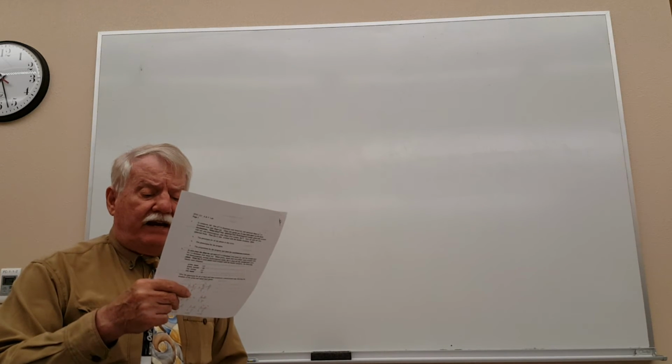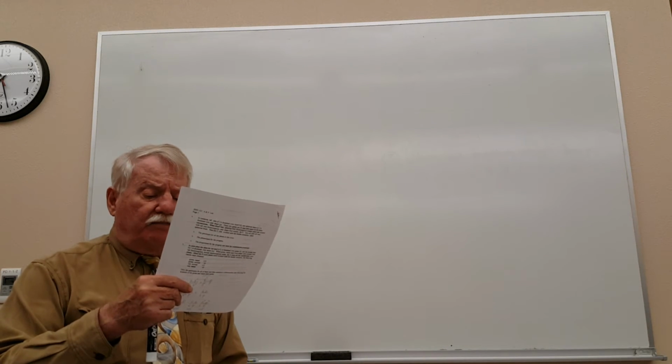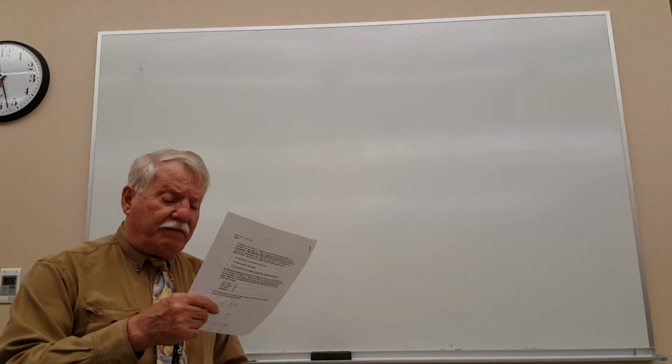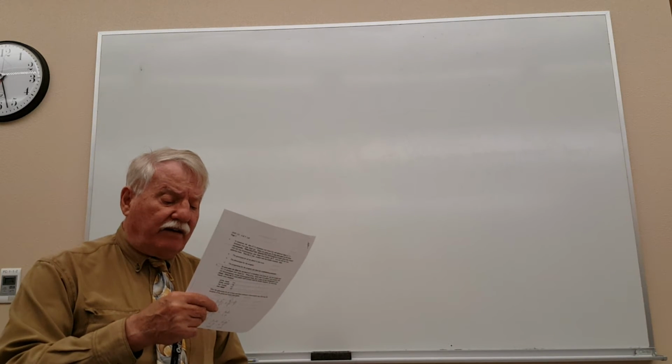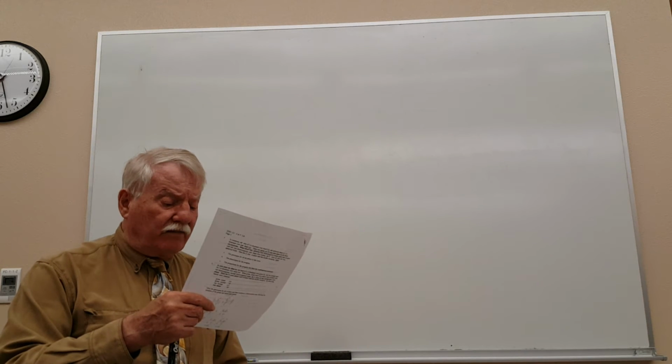So item A, if you look at what the child has, blood type B, blood type M, and Rh negative, notice that the father had MN.